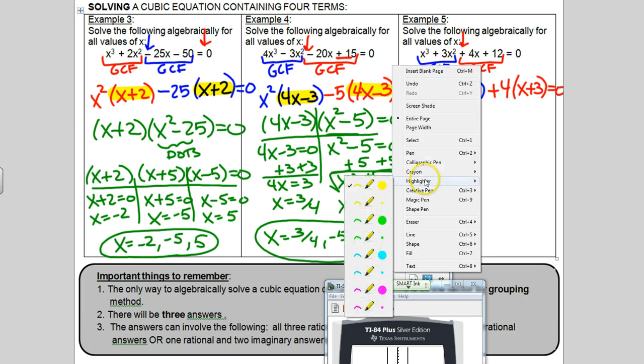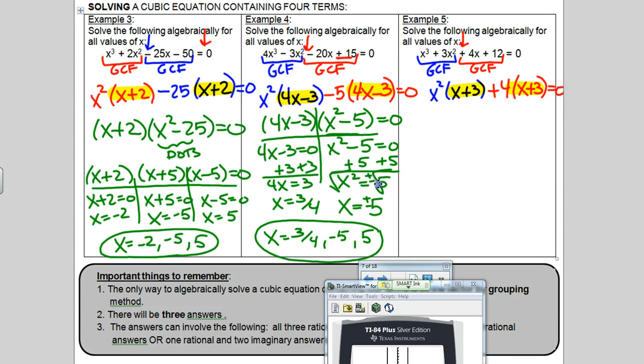And there are my like factors again, pulling those out. All right, again, x squared plus 4 is not a difference of squares. It does not have a minus sign, so not a difference of squares. So that means I can just start setting both equal to 0.